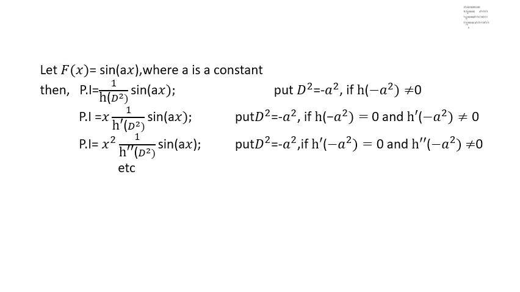Remember, x must be written on the left hand side of 1 by h dash of d square, and sin ax or cos ax must be written on the right side of 1 by h dash of d square. So in this equivalent formula, put d square is equal to minus a square with the condition that the denominator is not equal to 0.